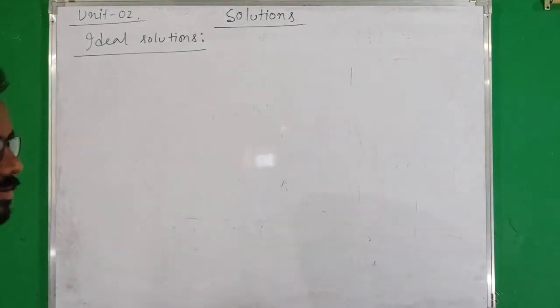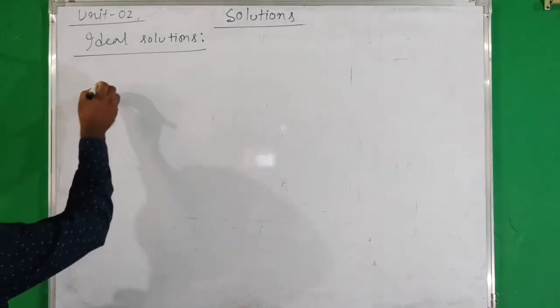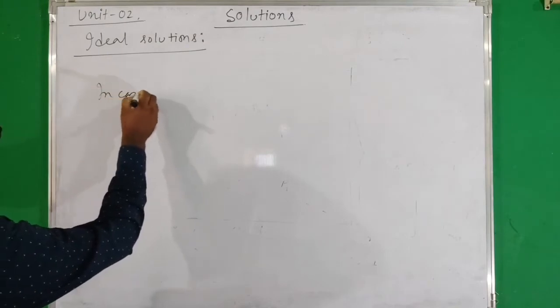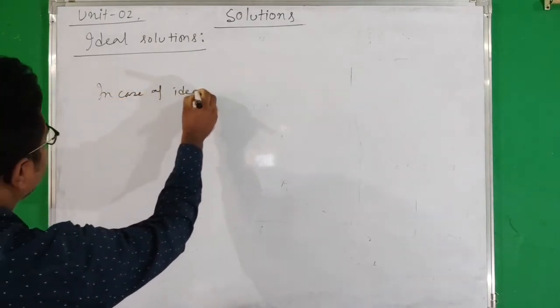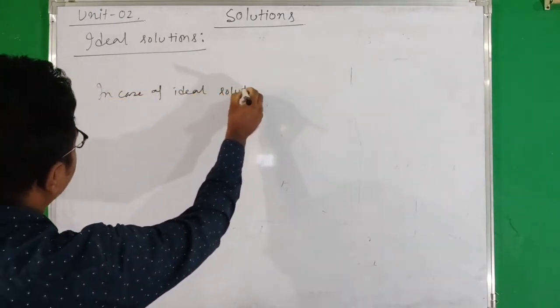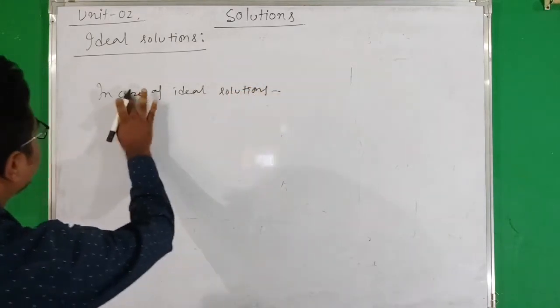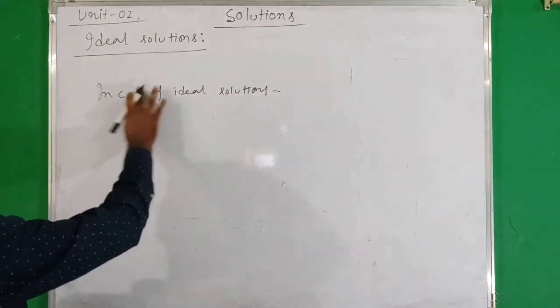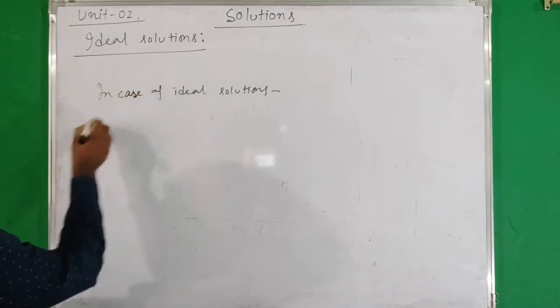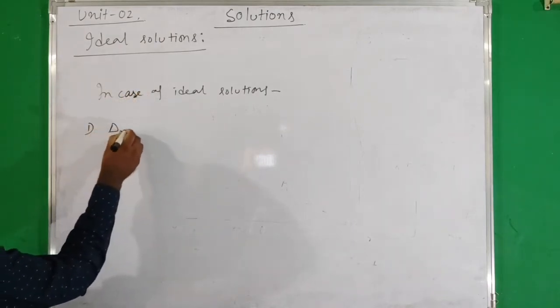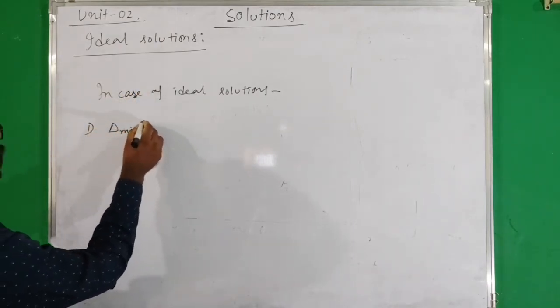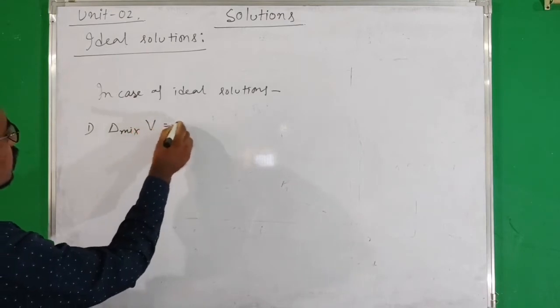And in case of ideal solutions, number 1, the volume of mixing is equal to 0.